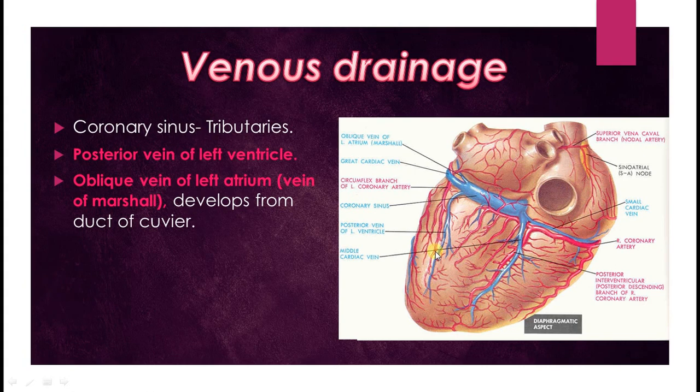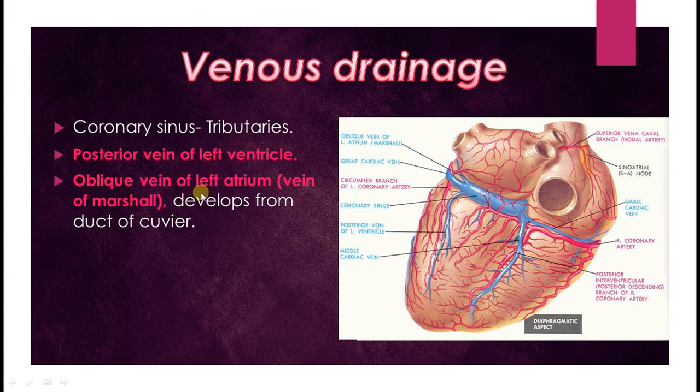We are able to see the posterior vein of the left ventricle. They join the left end of the coronary sinus, and then you have the oblique vein of the left atrium, which is a remnant of the left duct of Cuvier. Again, the left horn of sinus venosus, remnant of it.